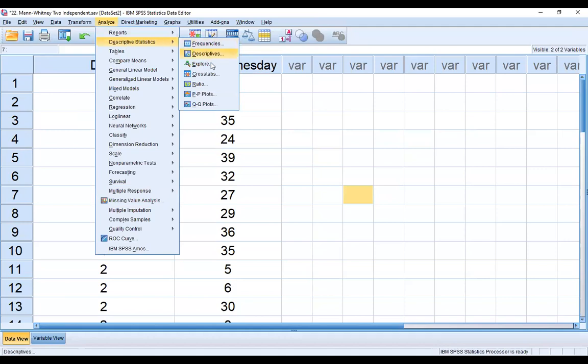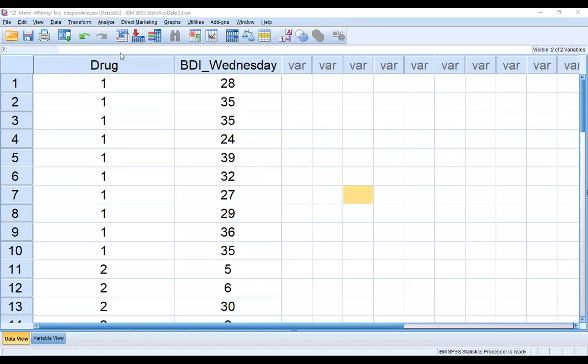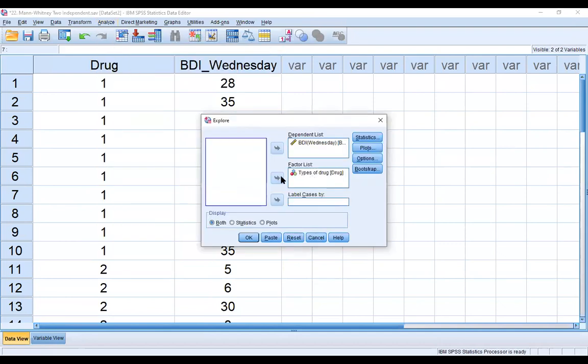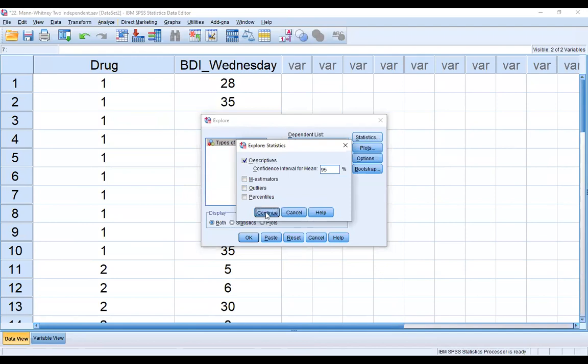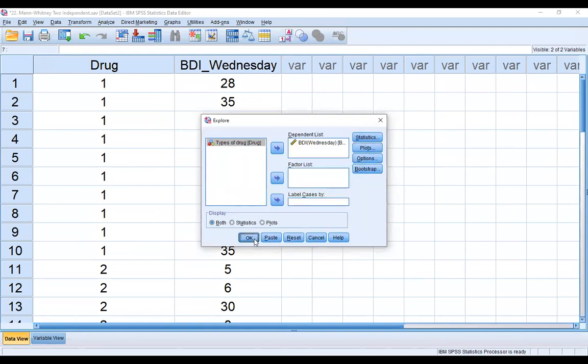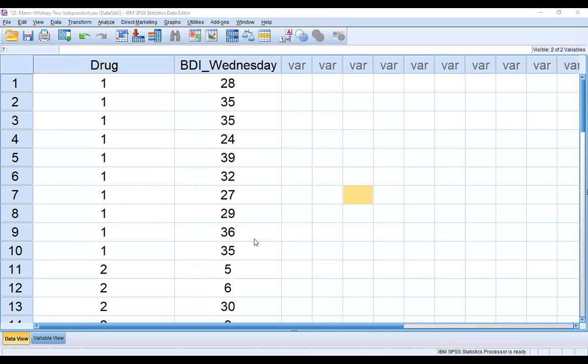Analyze, descriptive statistics, explore, and I'm transferring the variable here. By default it is giving descriptives, and when we check the normality we can take them with all the values, and then okay, and after okay I am showing you the median value.